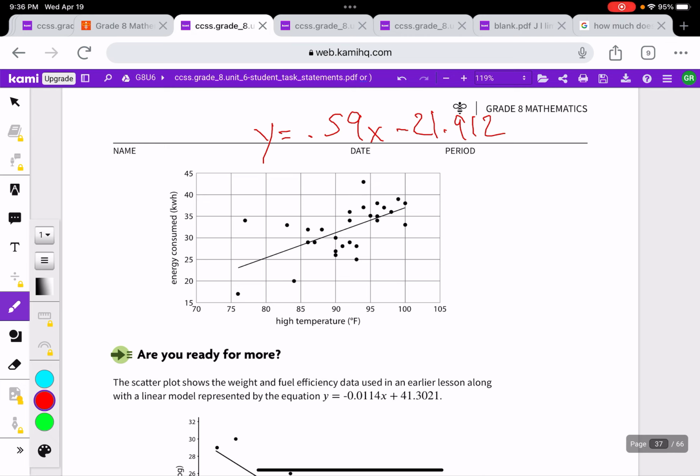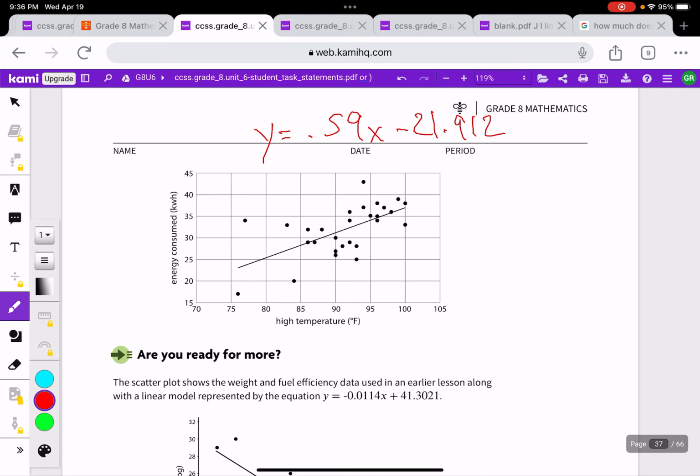Well, this energy consumed in high temperature has something to do, it's positive. Unlike the last one, when we added something, it went down. As we added weight, miles per gallon went down. So what does this 0.59 mean? It has something to do with energy consumed in high temperature.